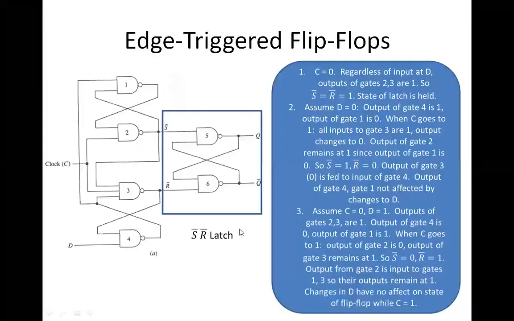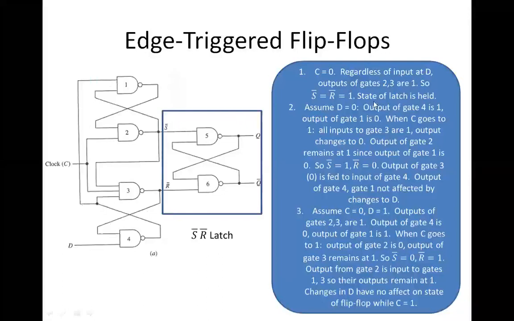Right. So what is going to happen when it is 1, then the state of the latch is held, which means whatever was in the memory, it is not going to impact the output here. Now assume when D is equal to 0, when I give 0 here, what is going to happen? 0 into anything is 0, so I'm going to get a 1 here, and 1 is going to come here, and the same 1 will also come here.